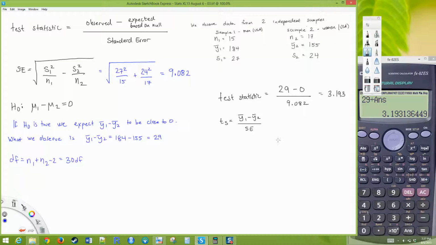Okay, so from the t-table we see that the tail area associated with 3.193 and 30 degrees of freedom is between 0.005 and 0.0005.